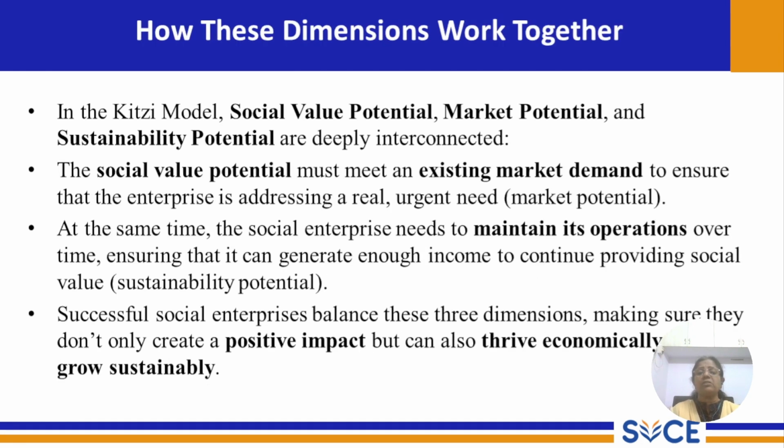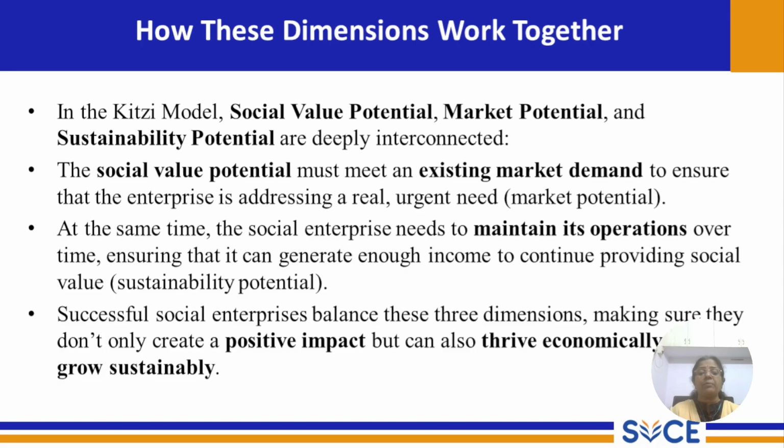How these dimensions work together. In the KITSI model, social value potential, market potential, and sustainability potential are deeply interconnected. The social value potential must meet an existing market demand to ensure that the enterprise is addressing a real, urgent need, that is market potential.